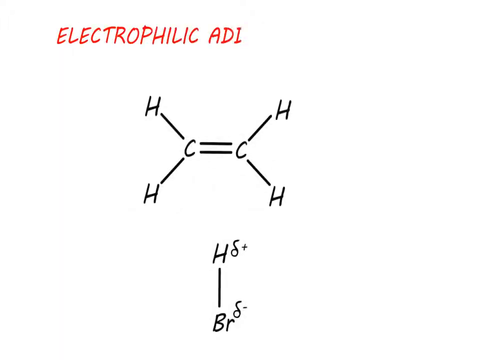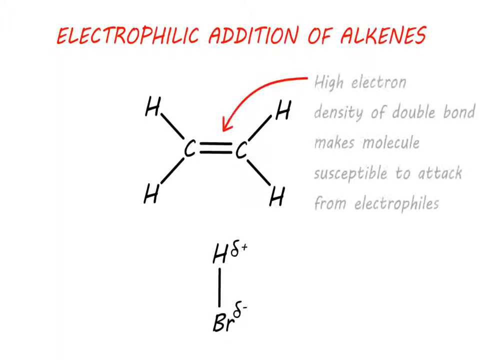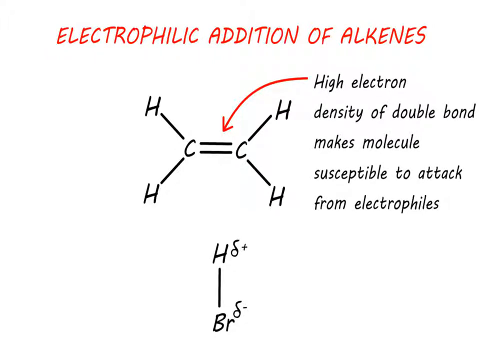The resonance model explains why benzene does not undergo the typical electrophilic addition reactions of alkenes, as there are no high electron density carbon-to-carbon double bonds present that electrophiles can attack.